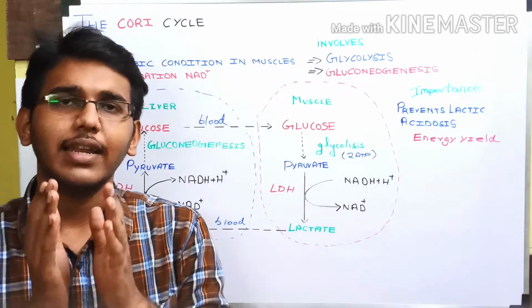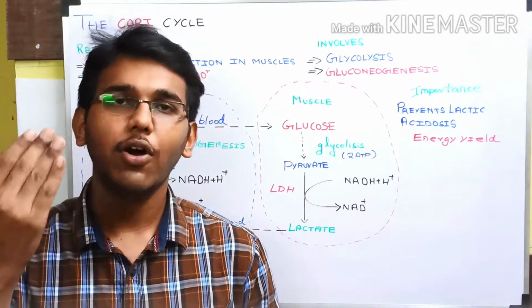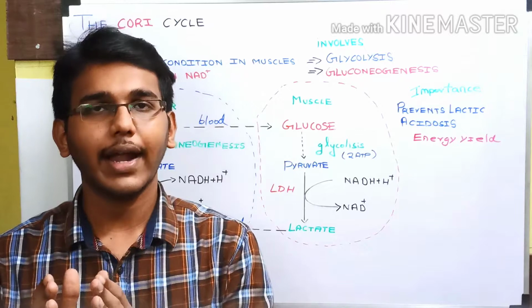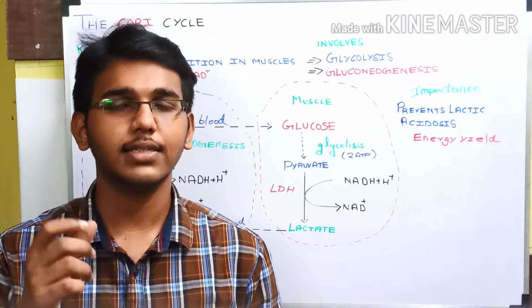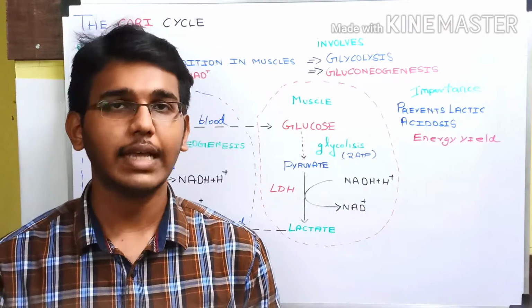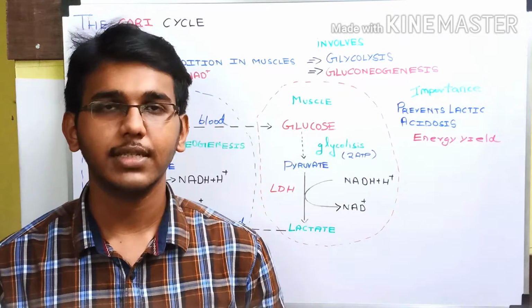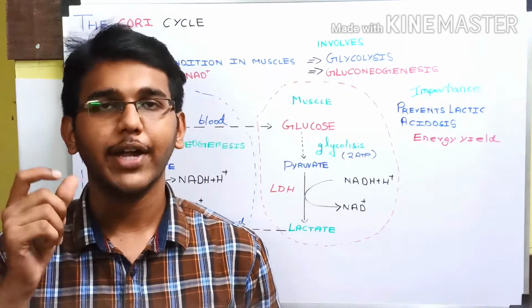Why do these cells need only glucose and why can they not metabolize non-carbohydrate molecules? Because these cells, that is erythrocytes and the nerve cells present in the brain, are devoid of mitochondria.